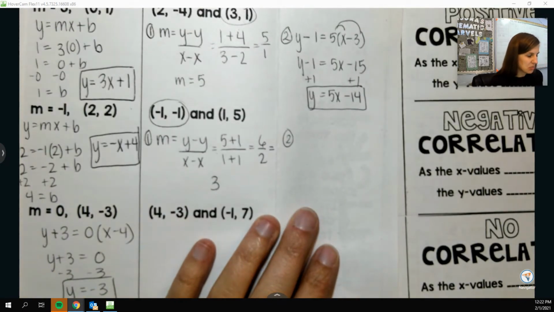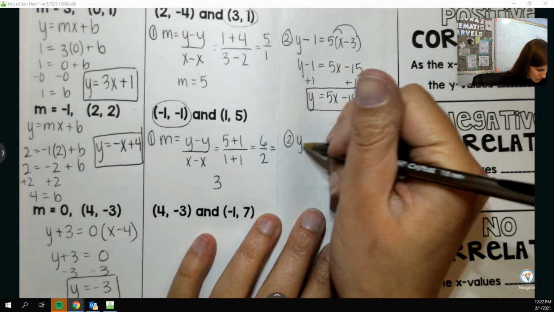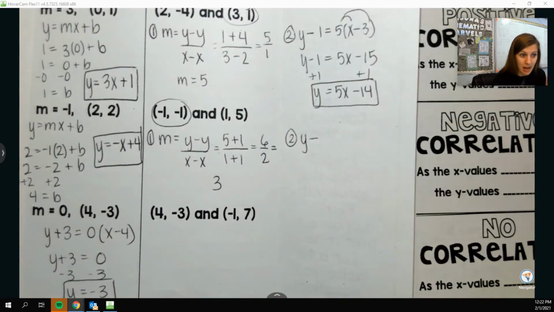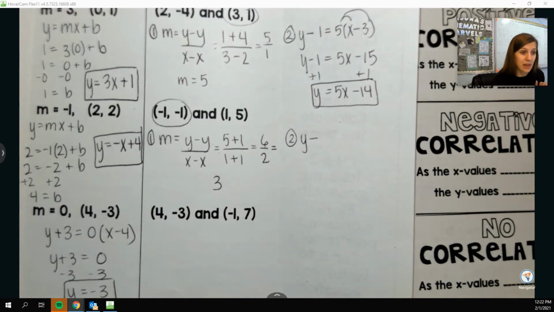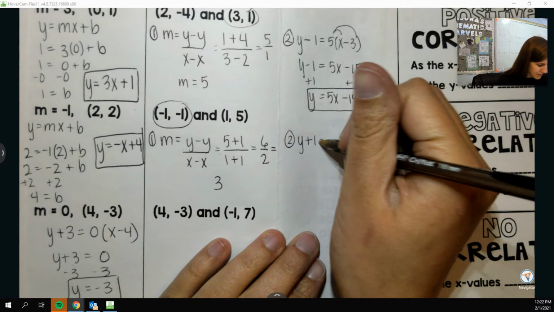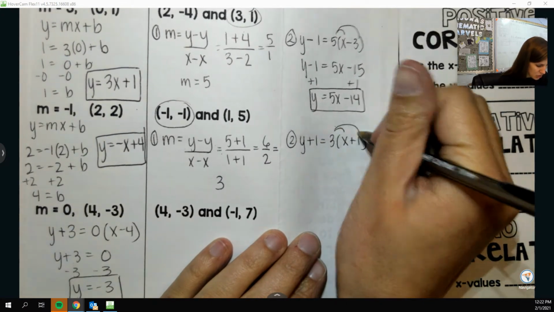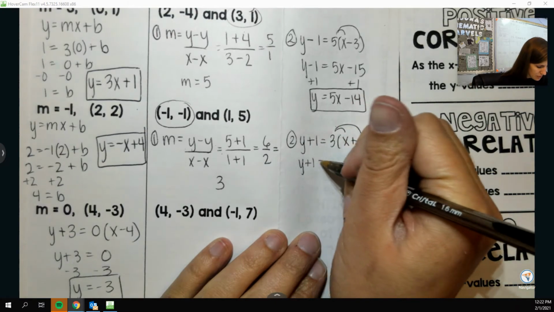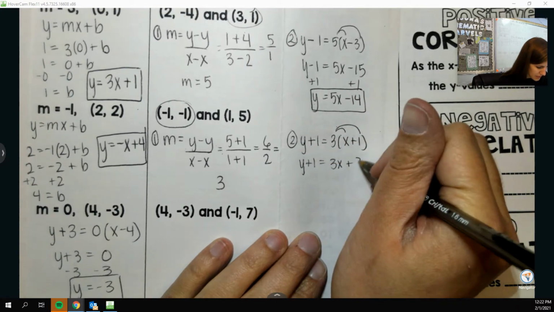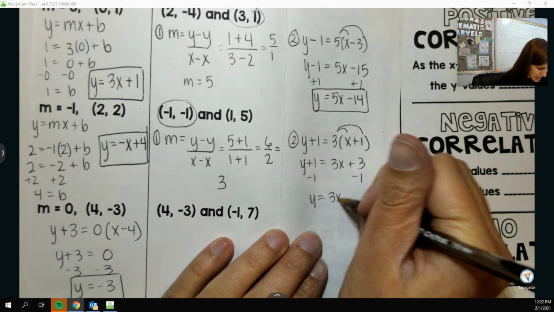Seems kind of weird, but they're ones. I like ones. And also, Jeremiah one time told me that if I pick negatives, it'll make it positive when I put it into my point slope form because the signs always change. So we'll have y plus 1 equals 3 parenthesis x plus 1, and then distribute, and then get y alone. So y equals 3x plus 2.